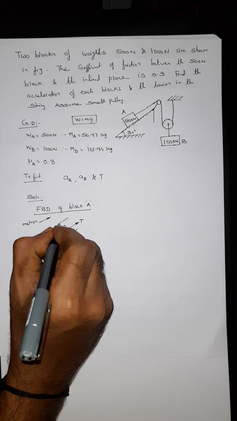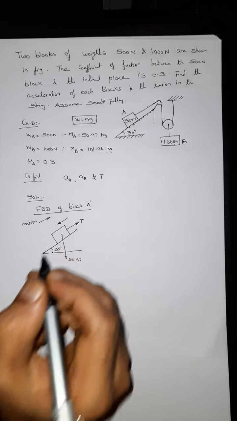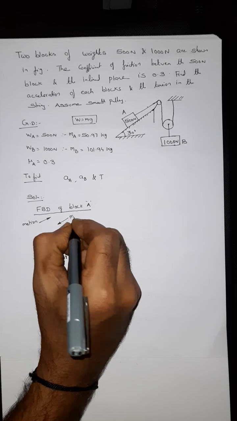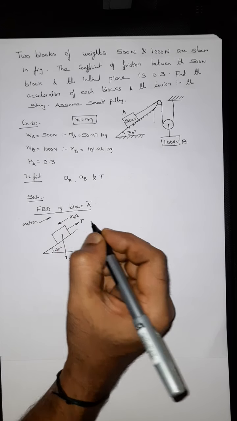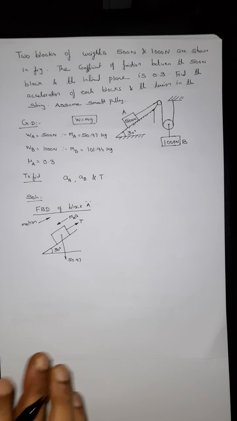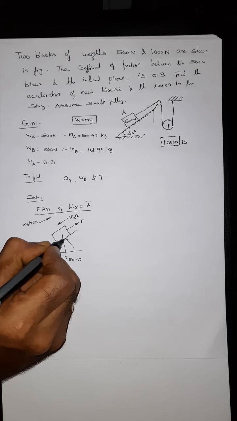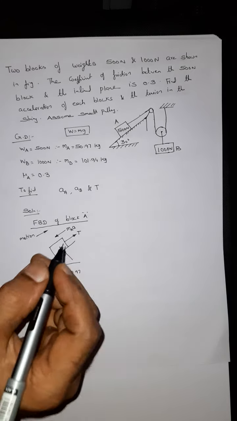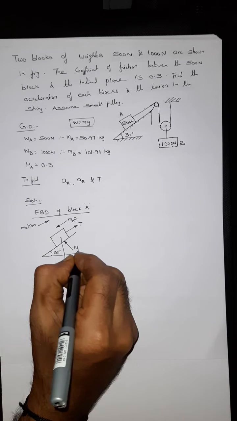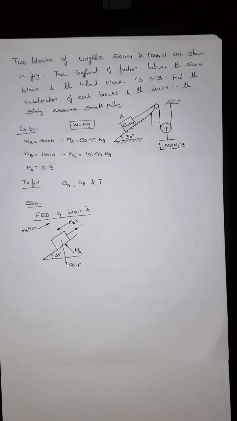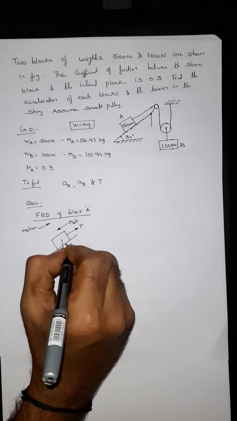Therefore its inertia force will act in the opposite direction of the motion, so this can be mentioned as M A A. And its normal would be perpendicular to the surface, so this can be mentioned as N A. And the friction would be in the opposite direction of the motion. So the motion is upwards, therefore the friction is in the downward direction.